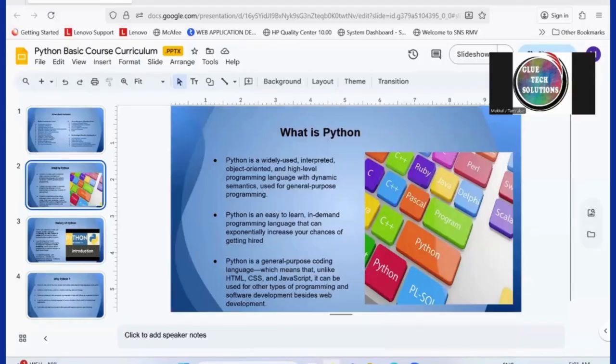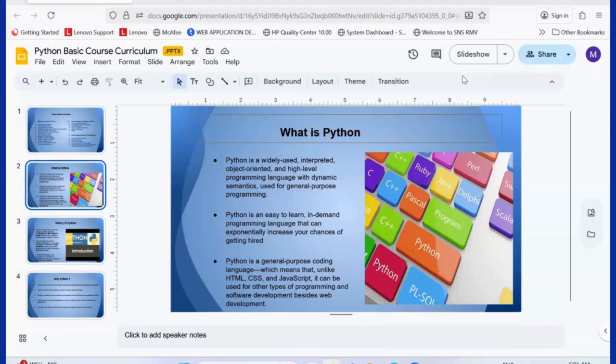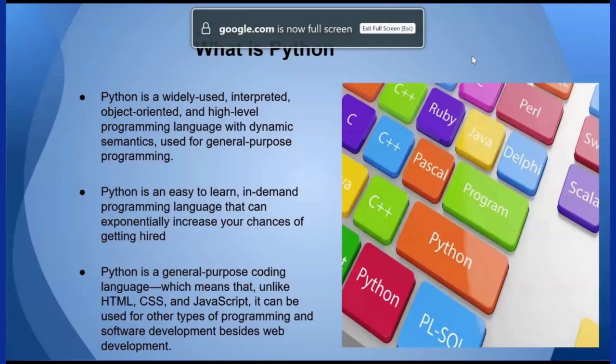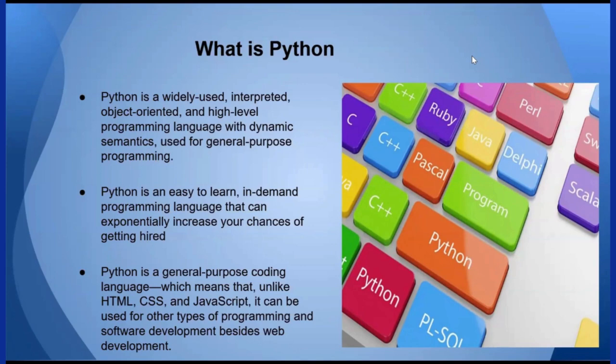Okay, so I think you can see the screen, right? Okay. So, first of all, we will start with what is Python. In today's scenario, whenever you want to know about anything, we just go and Google it, correct?